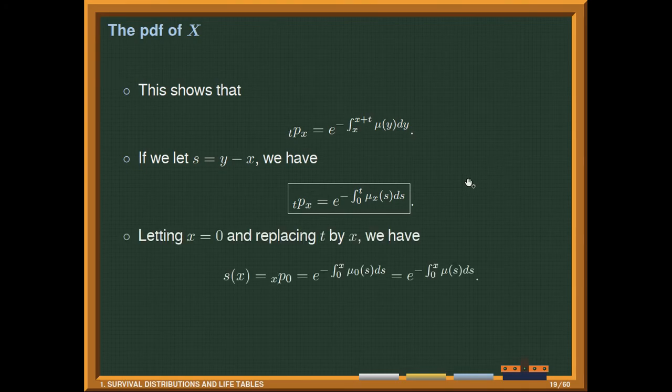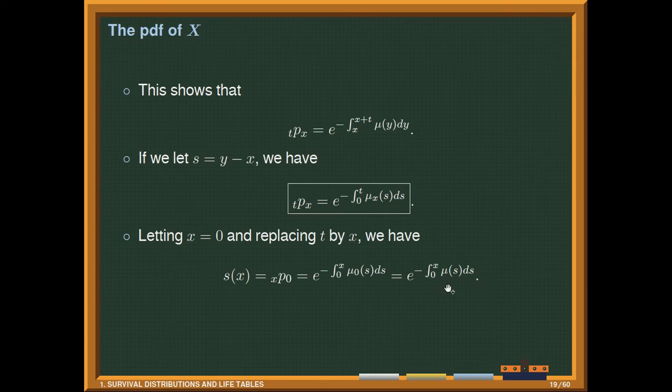Now, if we replace this x by 0 and replace this t by x, xp0 now becomes the survival function of x. So this t is replaced by x, this x is replaced by 0. This 0, you don't have to write it down, so we can rewrite it this way.